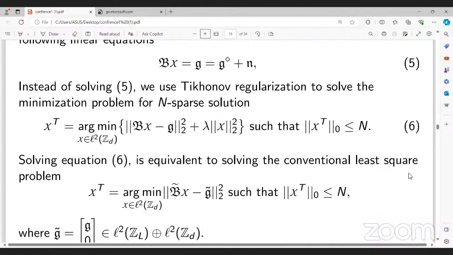Instead of solving the equation above, we use Tikhonov regularization to solve the minimization problem for an n-sparse vector. N-sparse means a vector has at most n non-zero entries. So we solve the minimization problem for the n-sparse solution x_t, which is the argument minimum over x in L2(Z^d) of the norm of Bx minus g squared plus lambda times the norm of x squared, such that x_t is an n-sparse vector.